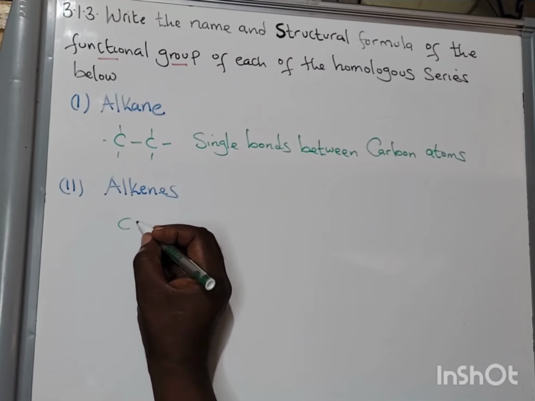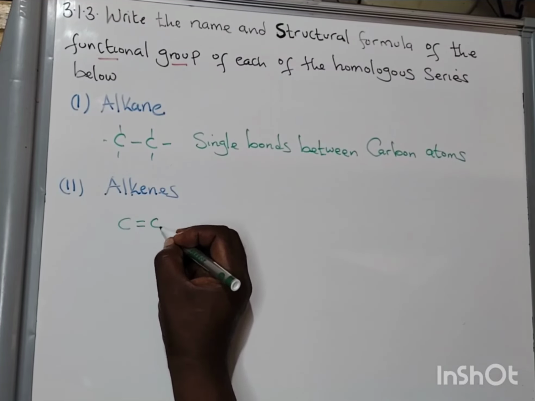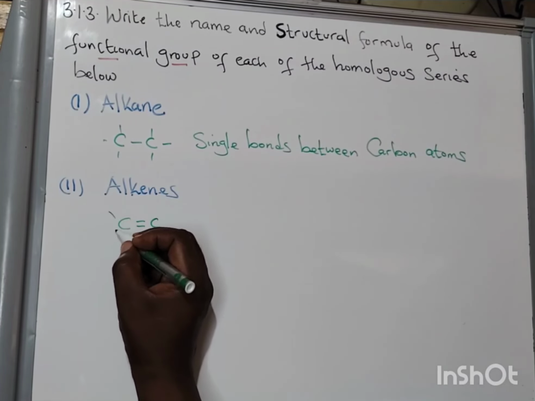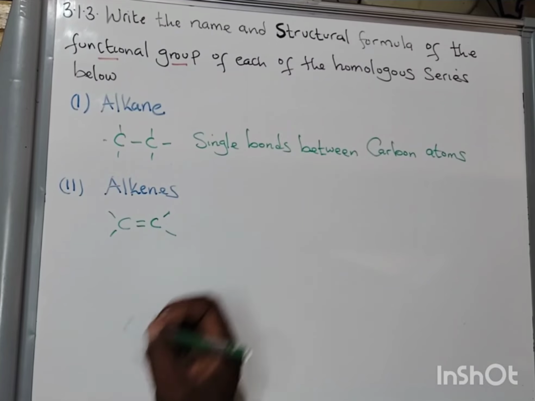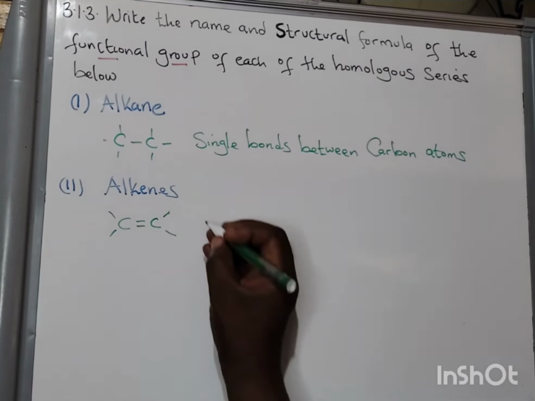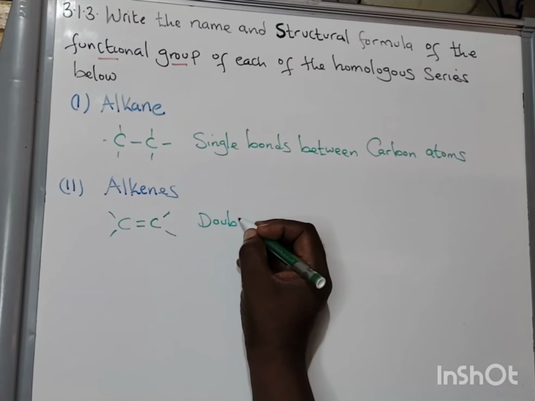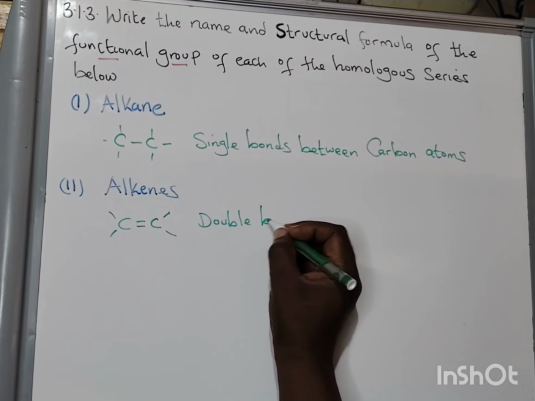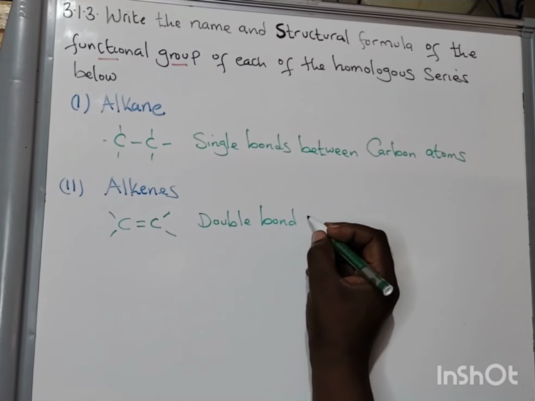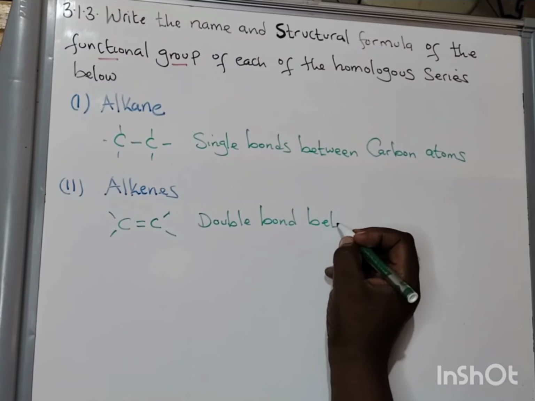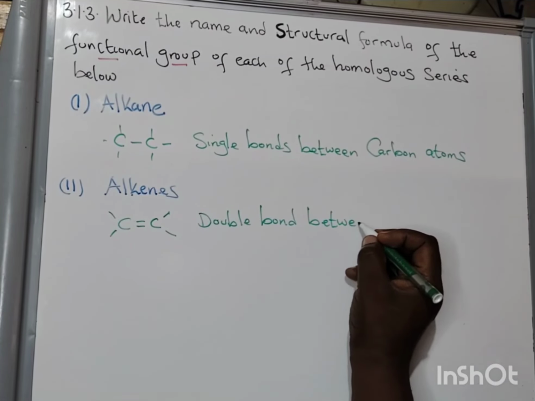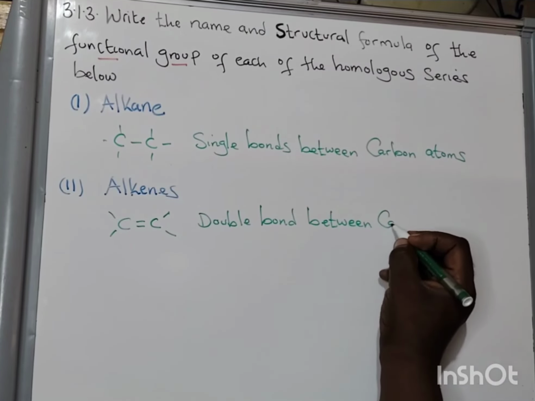Alkenes, their functional group is a double bond between carbon atoms. So let us put it down. Double bond between carbon atoms.